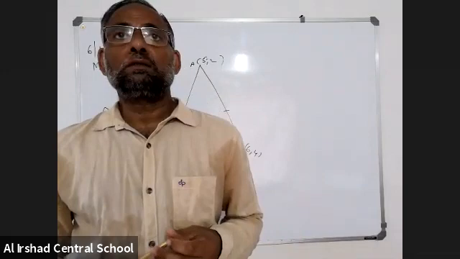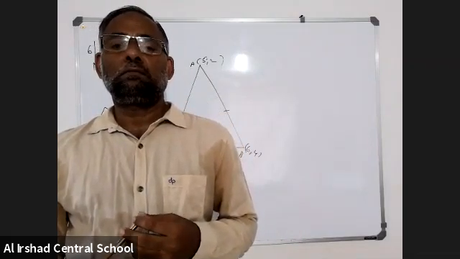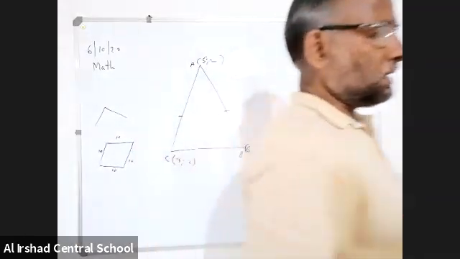Do you think the diagonals of a square are all equal? Yes, that property we can apply. Perpendicular bisector is another property, but we use that the diagonals are equal.